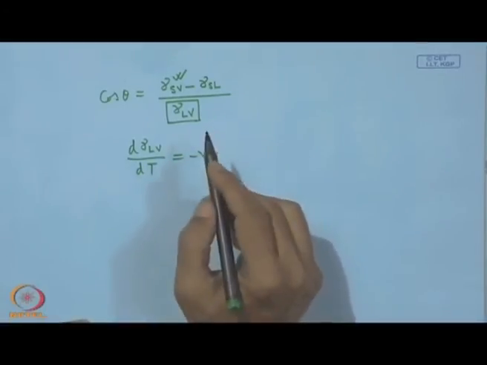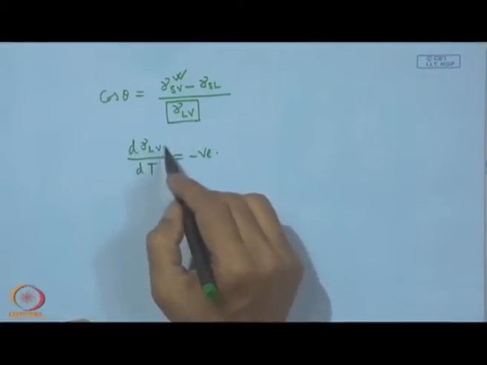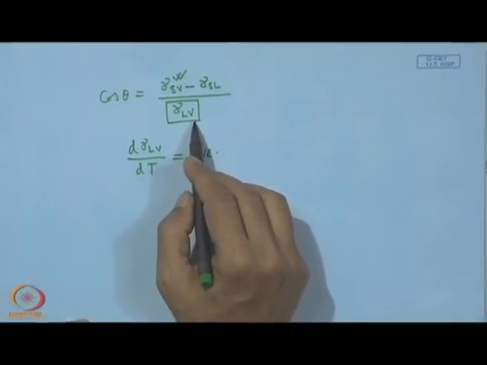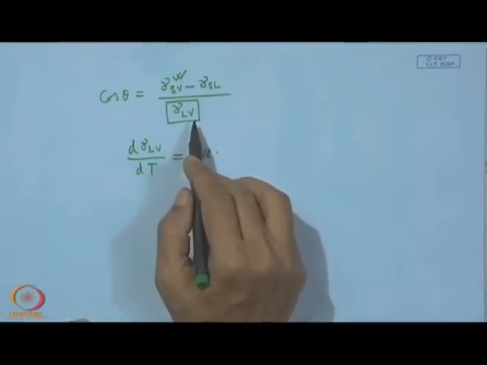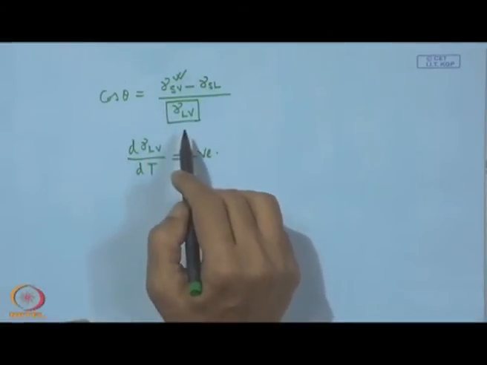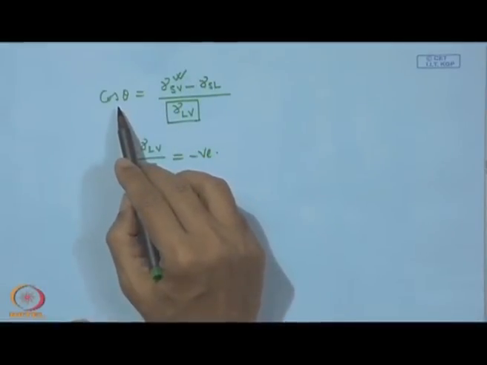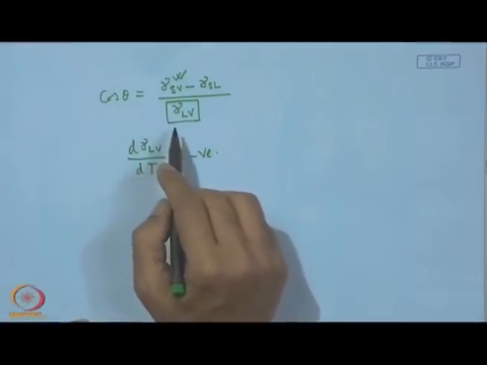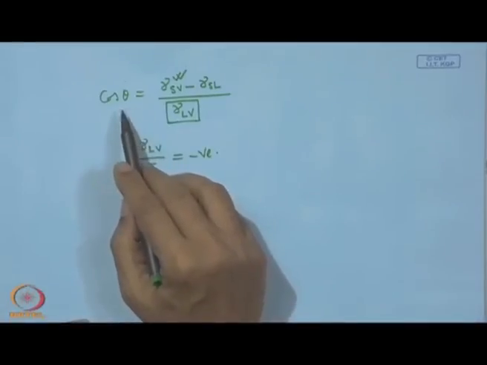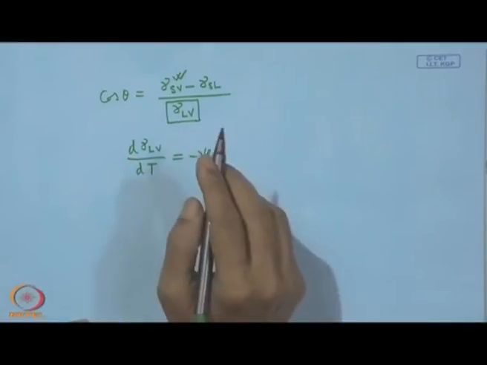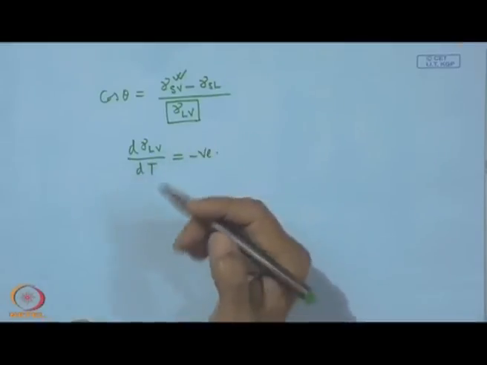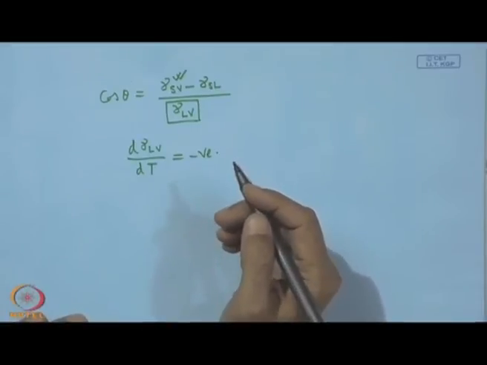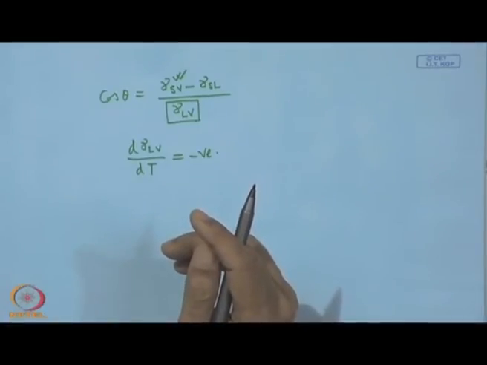That means, with increase of temperature we have lowering of this value, and by lowering this value we can have a positive effect on the value of cos theta. That means the cos theta value will keep on increasing, and as a result the theta value will improve a lot. That means it will move more towards wetting characteristics. So, this is the effect of temperature.